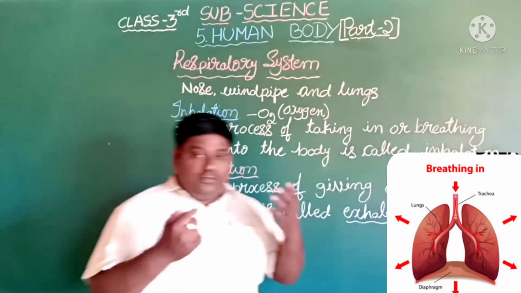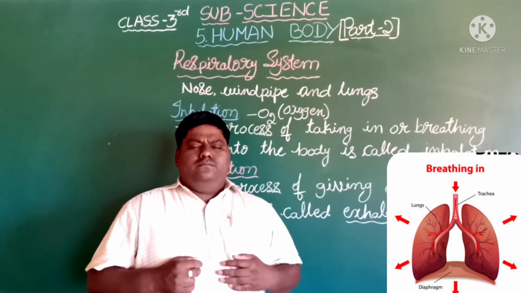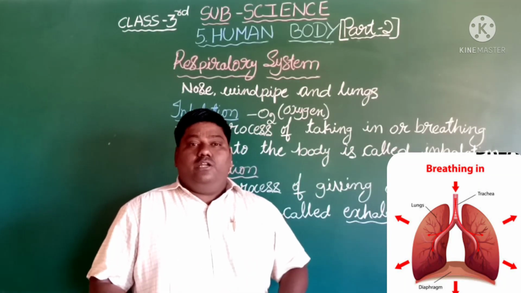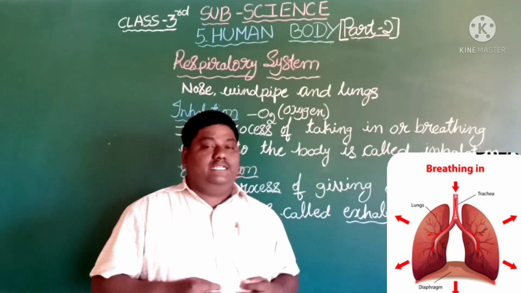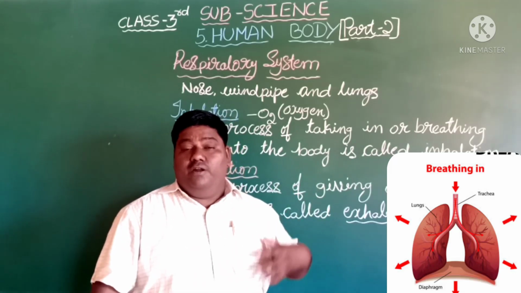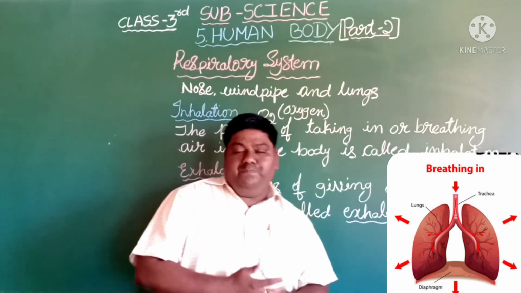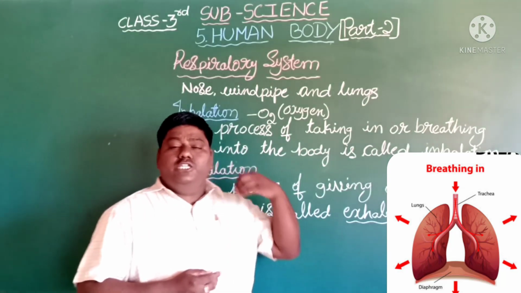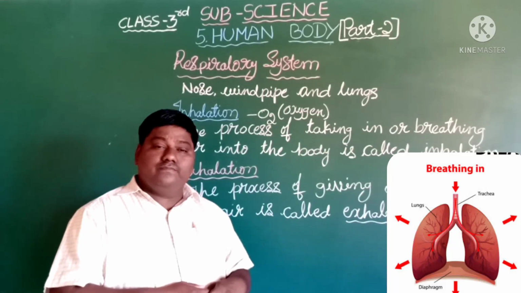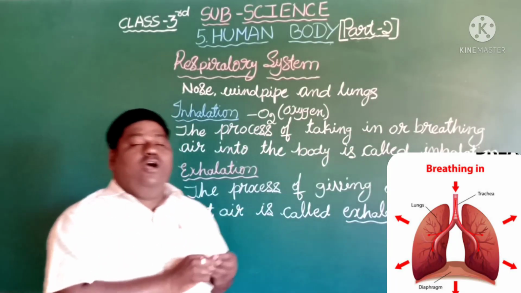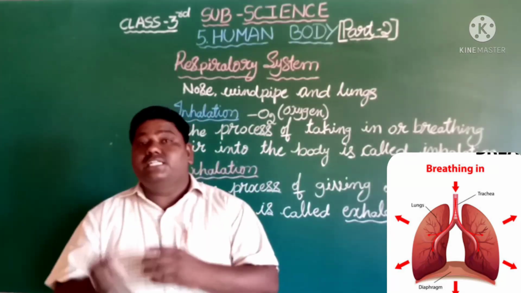See, all of you do this. Take air into your body. What happens? At that time your stomach automatically becomes bigger in size because the diaphragm contracts and moves downwards. When you take oxygen into your body, it enters your lungs. Later, oxygen enters our blood vessels.